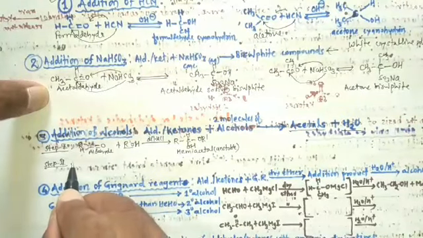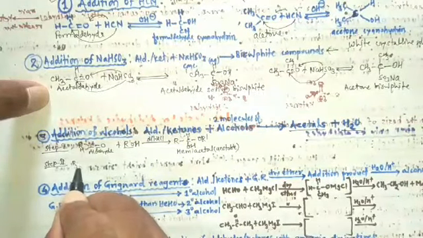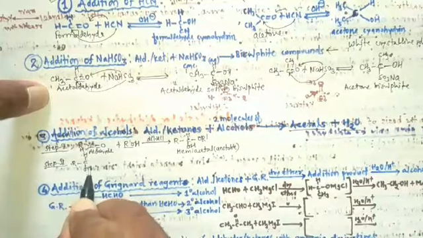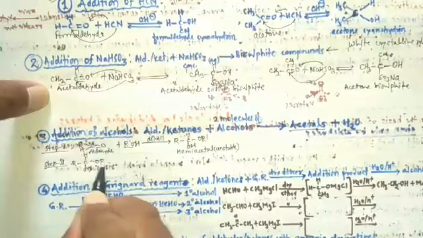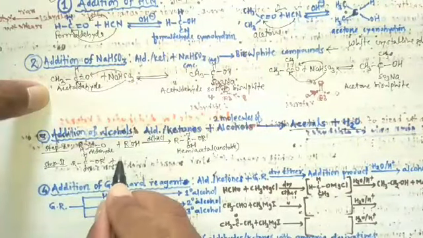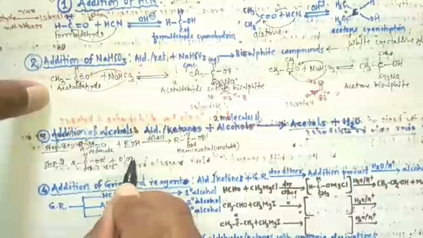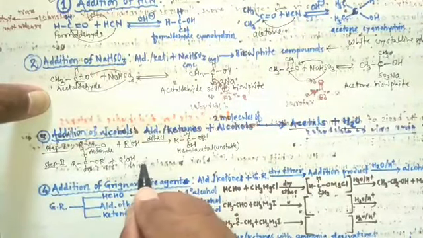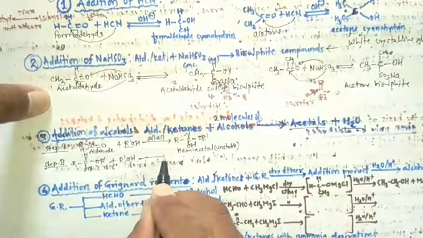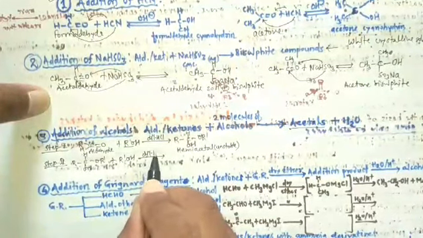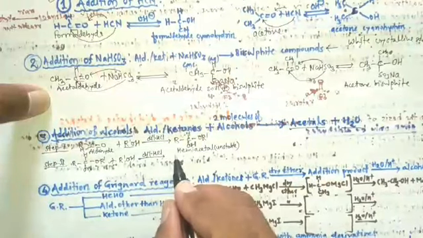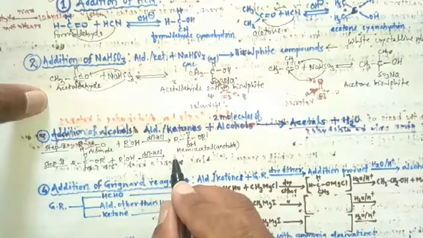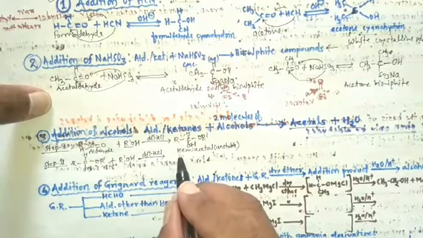So in next step, the product formed in the first step, that is hemiacetal, reacts with another molecule of anhydrous monohydric alcohol, and when reaction is carried out in presence of again dilute HCl, formation of geminal dialkoxy compound takes place, which is known as acetal.